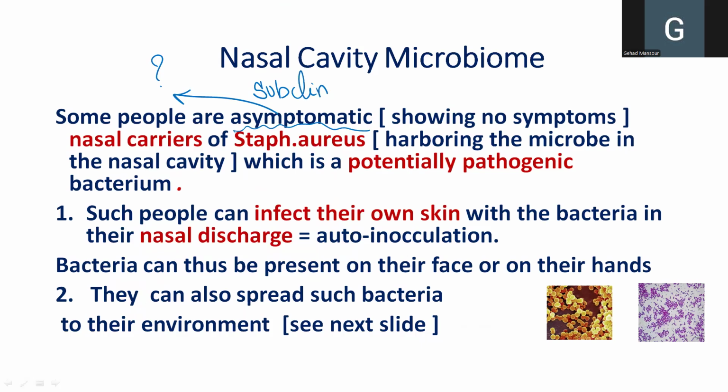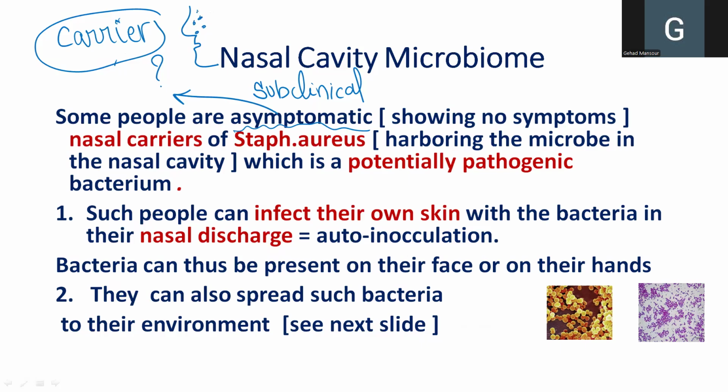There are no symptoms that are apparent on the patient. And when I say that the patient is a carrier, I mean that although the patient is asymptomatic and does not show symptoms, yet he or she is a carrier of the microbe, meaning that in their nasal cavity we have the microbe, which is usually Staphylococcus aureus.